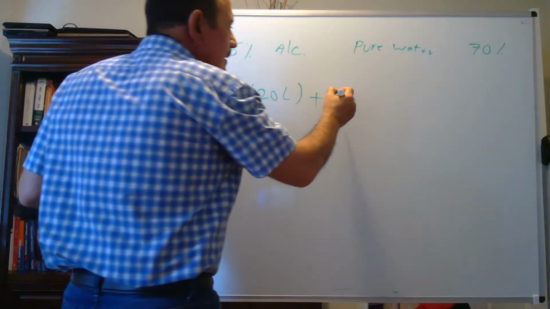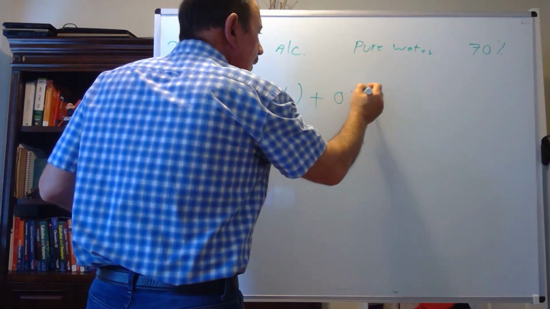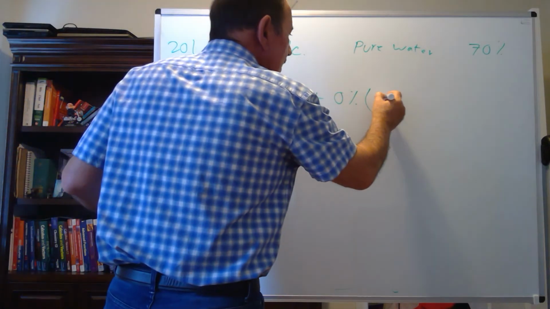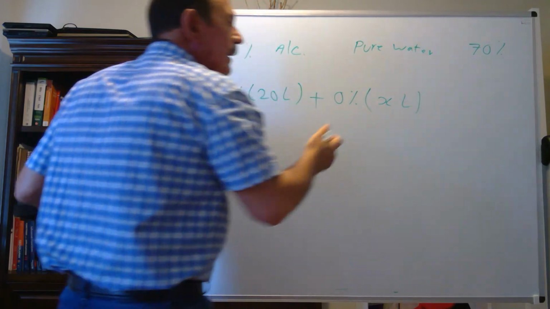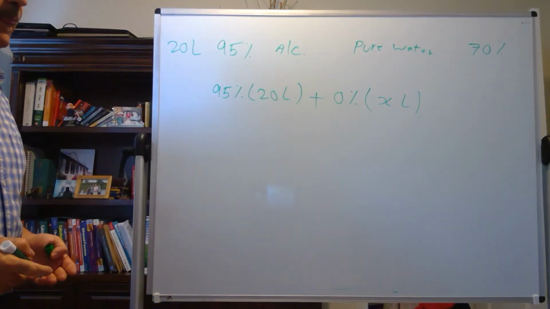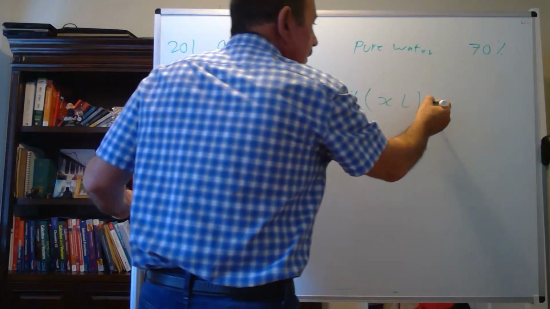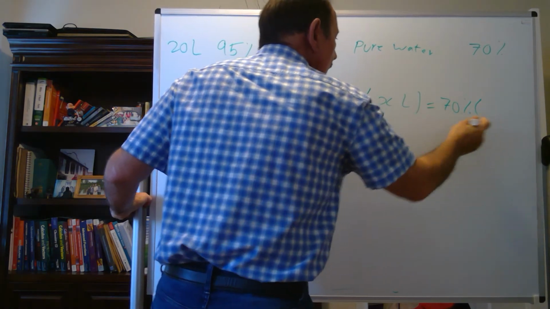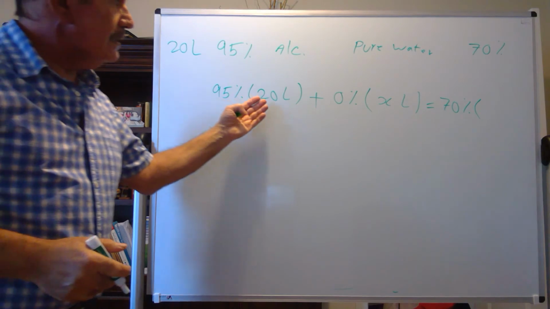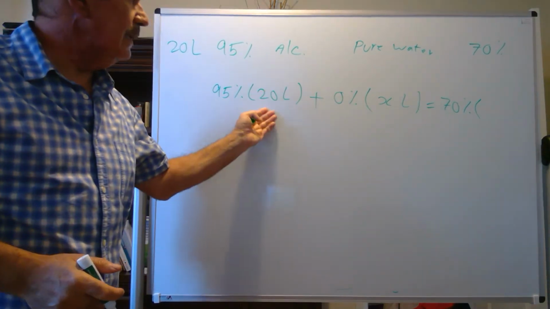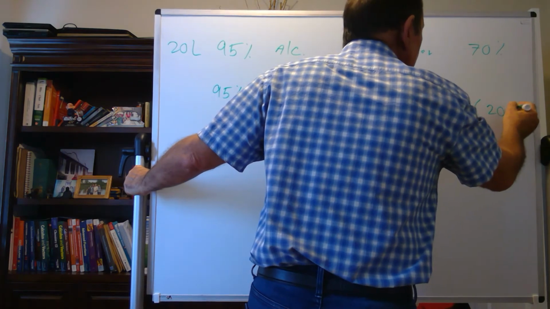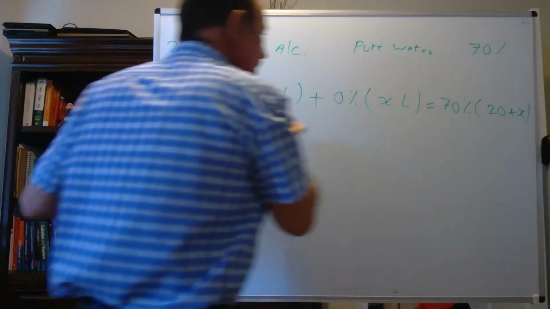So 0% of, I don't know how much, just name it X liters. The result should be 70%, and the volume of the result is going to be 20 liters plus X liters, which is 20 plus X. Okay? This is the equation.